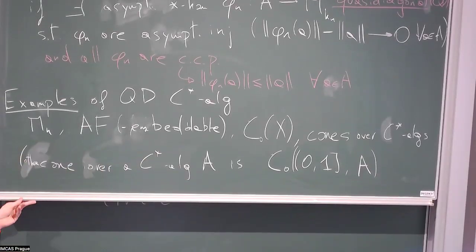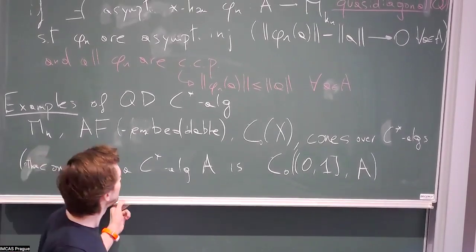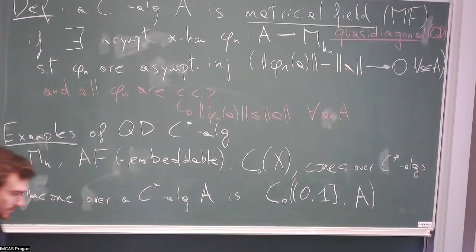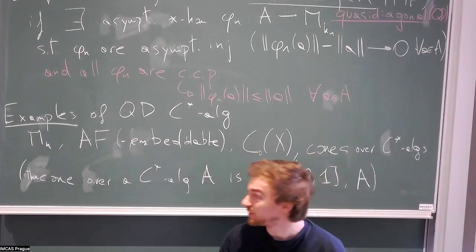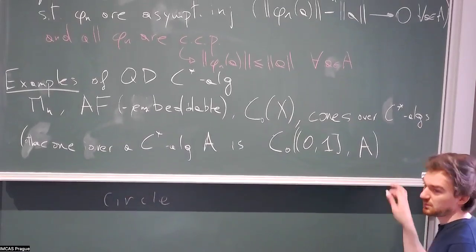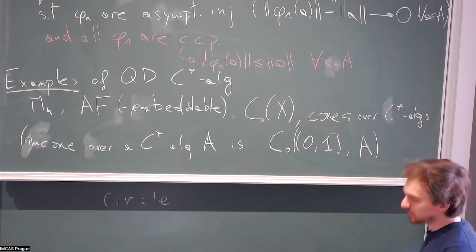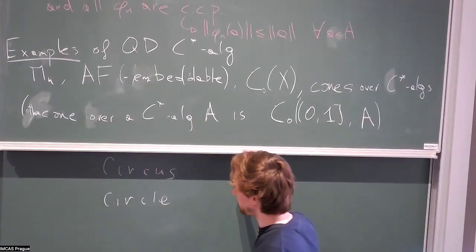And these come up quite prominently in this discussion because at some point in the 90s, Voiculescu proved that indeed these C-star algebras are quasi-diagonal, essentially as a consequence of different results.